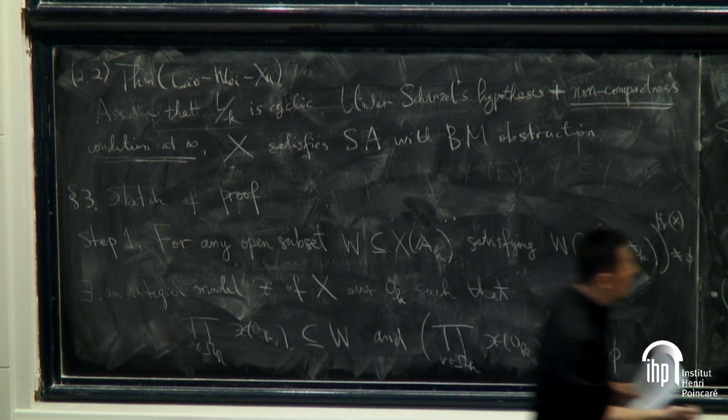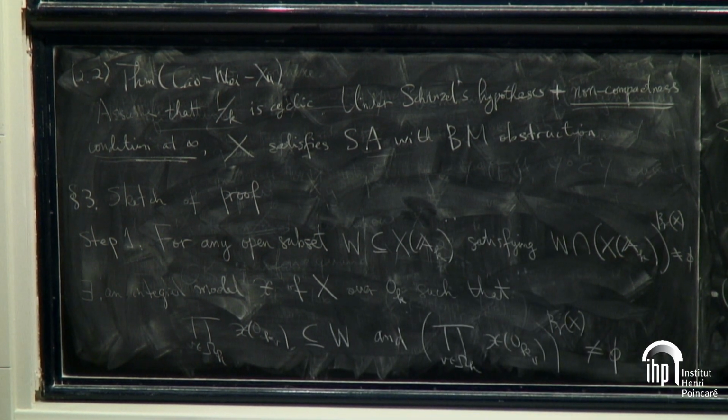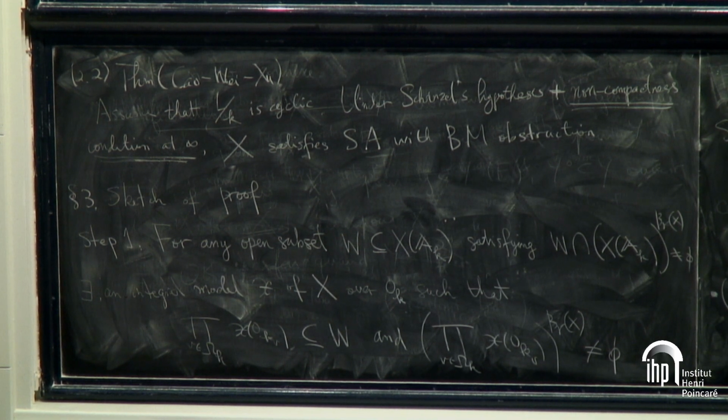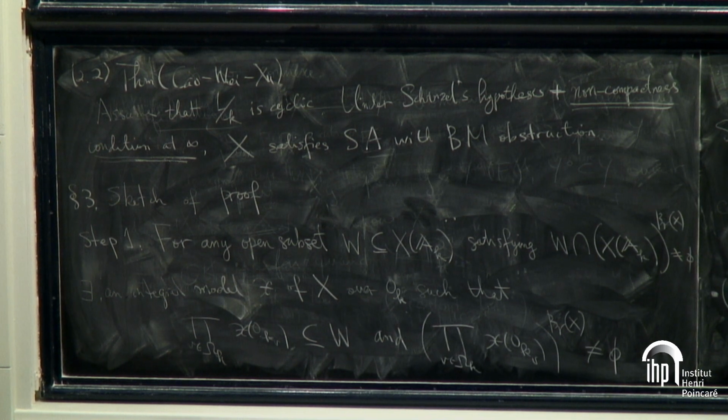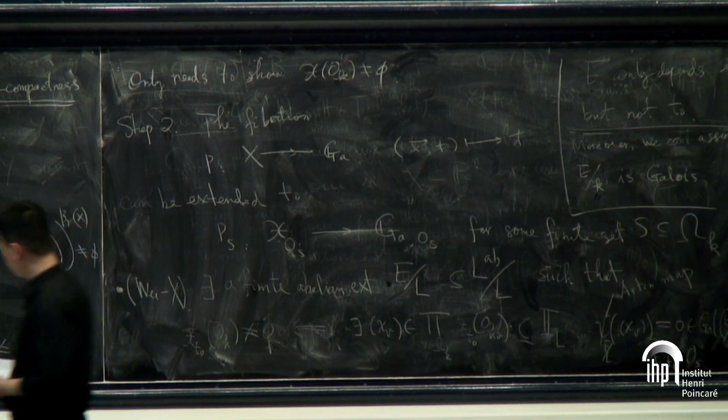Okay. Moreover, we also can assume this E over this K is Cao. You can enlarge this. Okay, that's our second step.